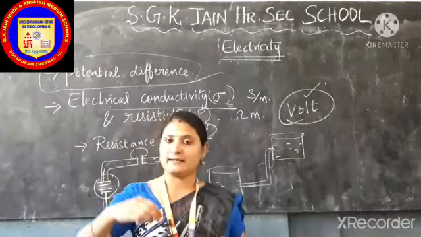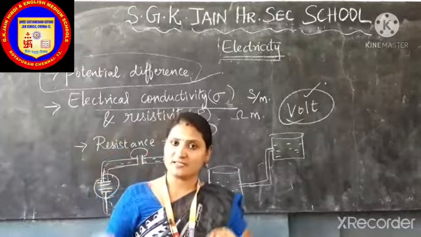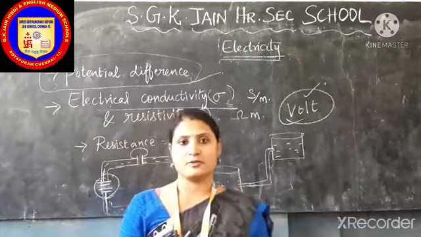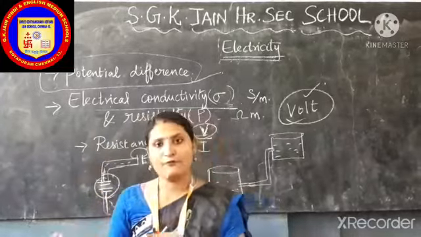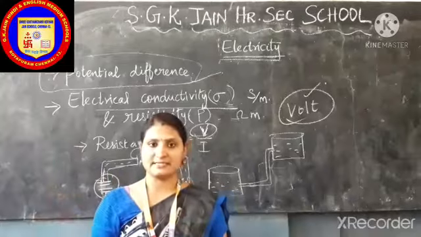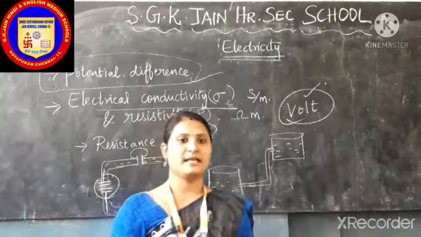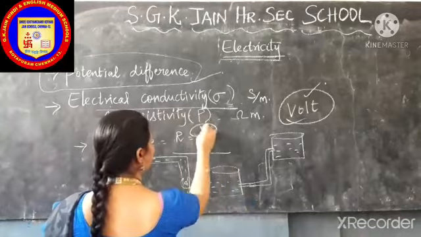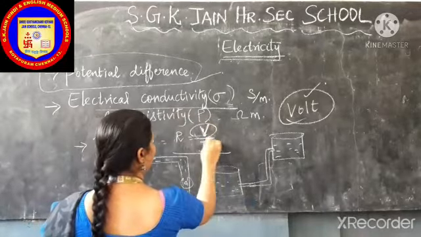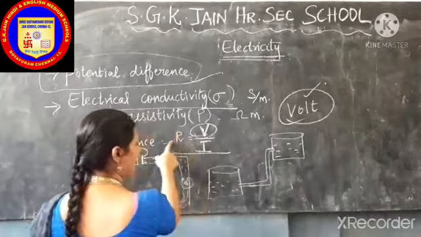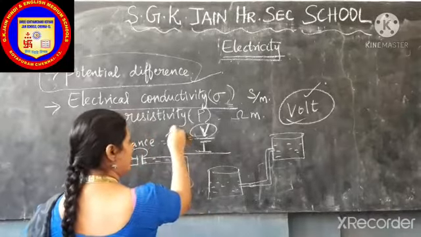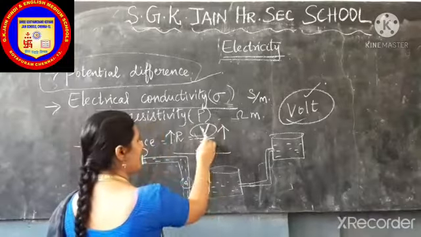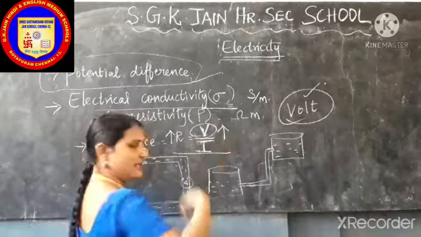So if the resistance is high, obviously the potential difference is also high in the circuit. Then only the flow of charges will take place in the circuit. That is defined in the formula R equal to V by I, voltage by current. So high resistance means we need high potential difference in the circuit to drive the current.